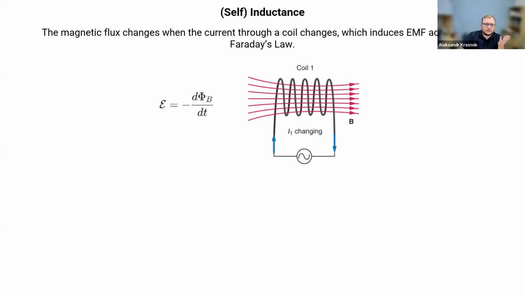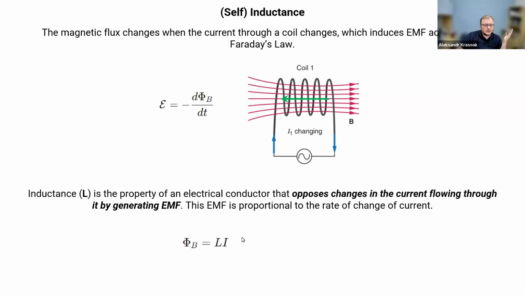Okay, so this is what we call inductance and induction, and this effect is described by inductance, denoted by L, right? The definition of inductance: it's a parameter that describes any coil, and it stands as a parameter in this formula for the magnetic flux through the coil with a current I.